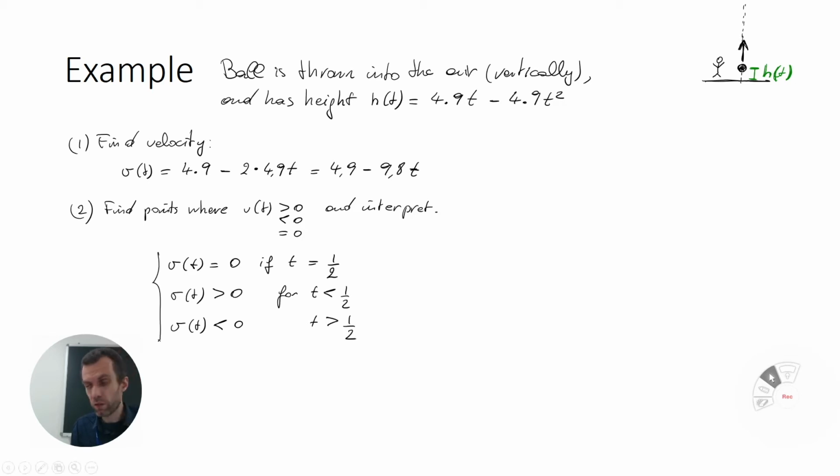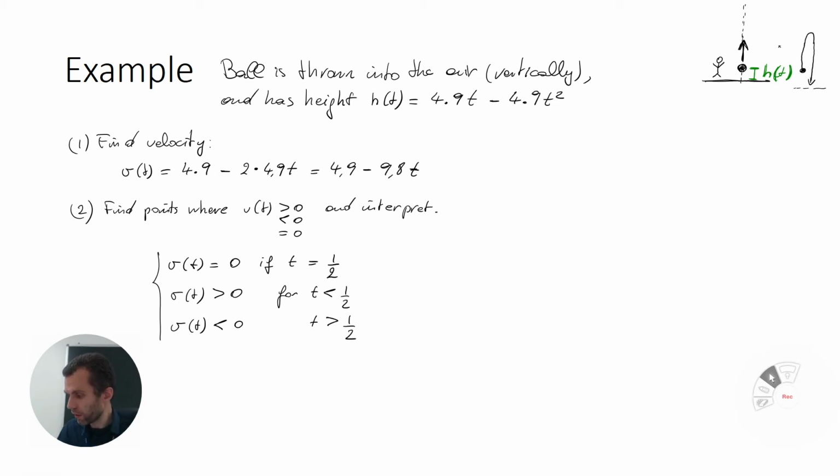And now for the interpretation, well, this is easy to see if we go back to our physical example. We know if we throw a ball into the air, the ball is going to go up and it's going to slow down until it reaches a maximum, and then it's going to be attracted to the earth again, and it's going to fall and eventually hit the ground or keep going.